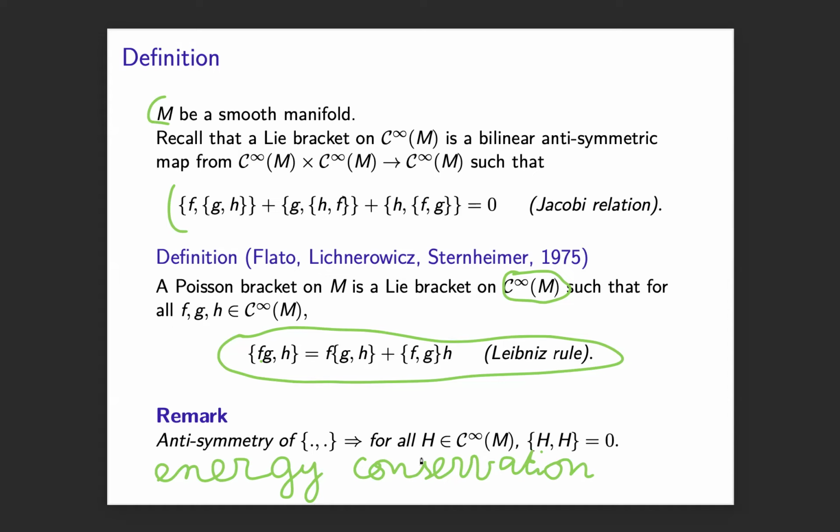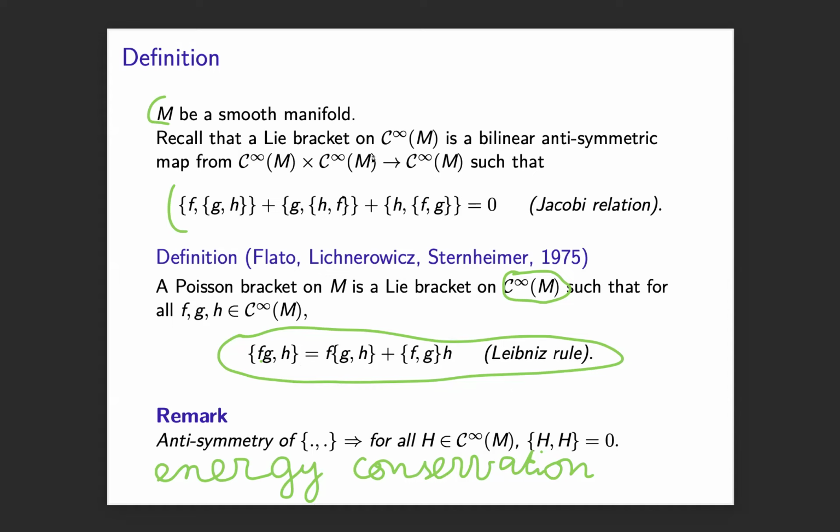We will see later on that smooth functions on M are sometimes called Hamiltonians, and in terms of mechanics, Hamiltonians correspond to energy. As a first approximation, Hamiltonians correspond to energy, and the fact that H bracket H is equal to 0 corresponds to the fact that H is preserved along the Hamiltonian trajectory of H. We will see all of this later on.